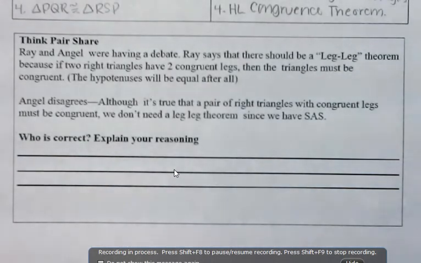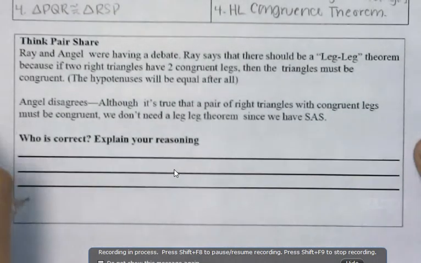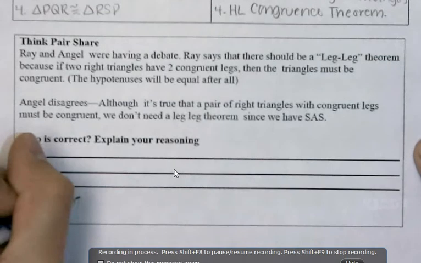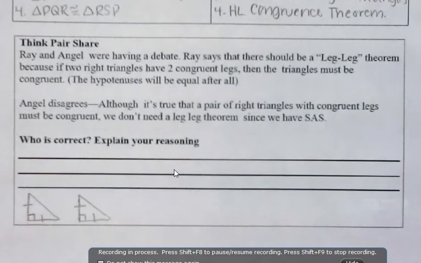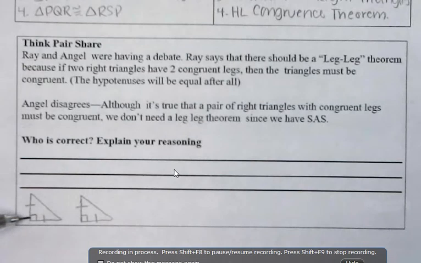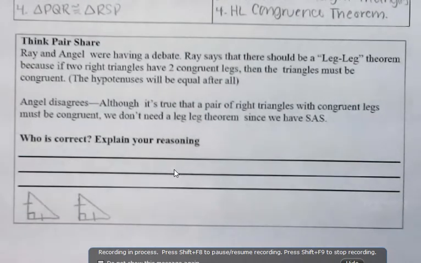Because if I have a leg-leg theorem, so let's say this is my two right triangles, and I have a leg-leg theorem, that's really not necessary because, yes, this is the same as side, angle, side. Like maybe I'll make it a step shorter and then we don't have to say, well, because they're right angles, we know that they're congruent.